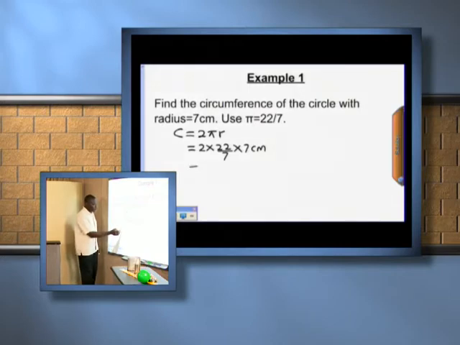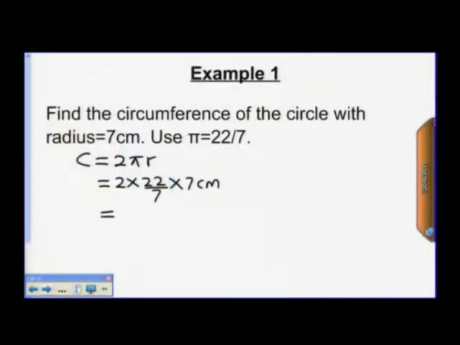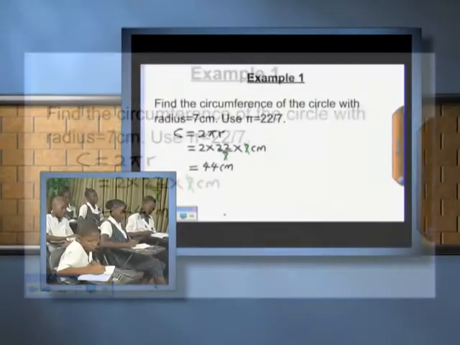Remember, when working with fractions, we can always cancel before we just go multiplying everything. So we have 7 in the denominator and 7 in the numerator. We cancel 7 into 7, 1. So we just have 2 times 22, which gives us 44 centimeters. Good? Any question?